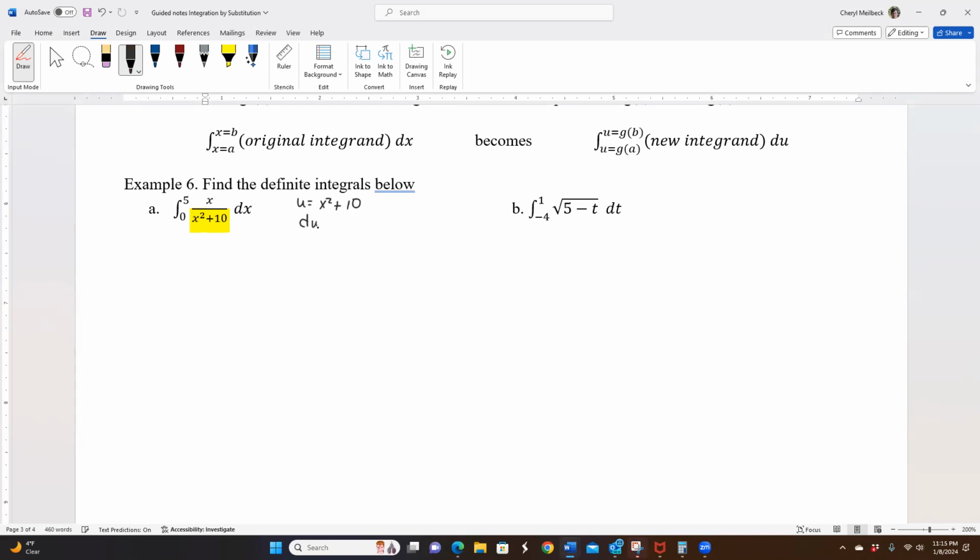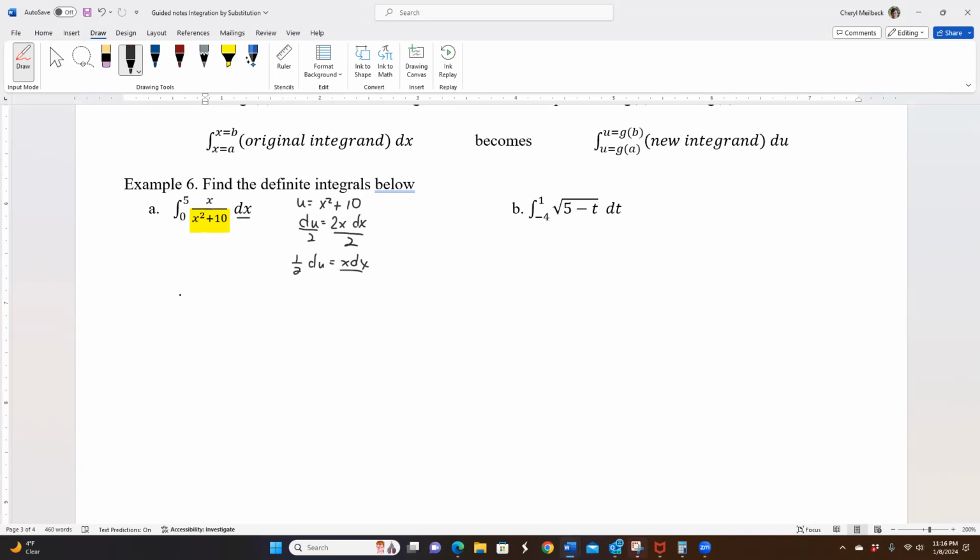Then our du, of course, would be 2x dx. So in my original integral here, I have the x and the dx, but not the 2. So we'll divide that 2 out. And what we'll have is 1/2 du equals x dx. So this x dx we do have here.